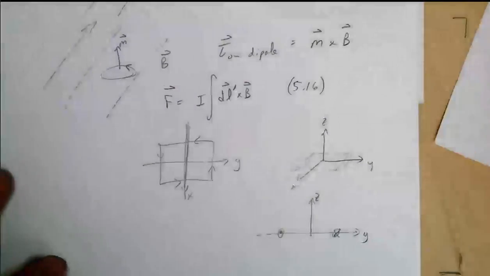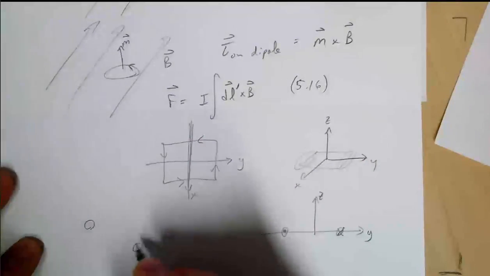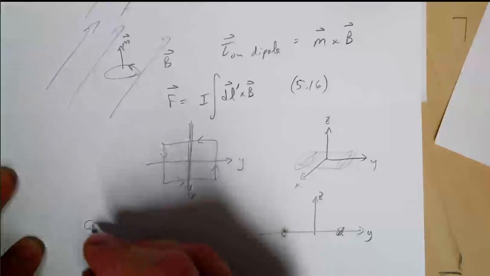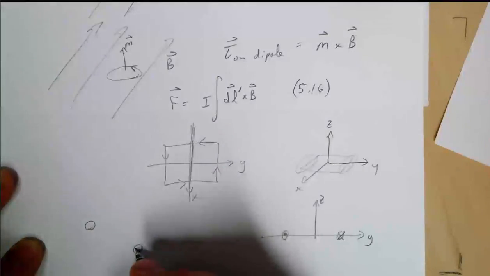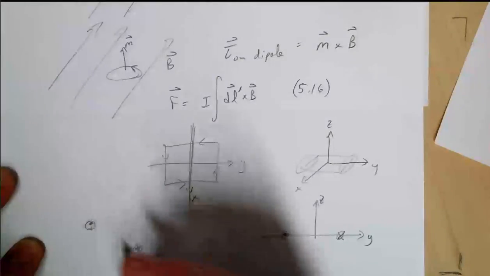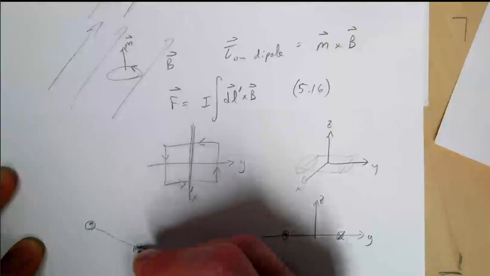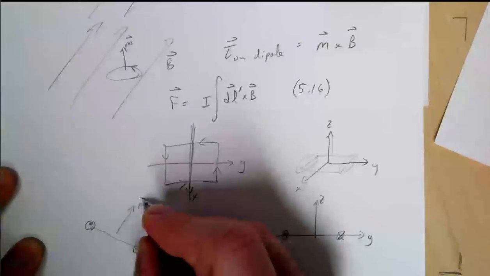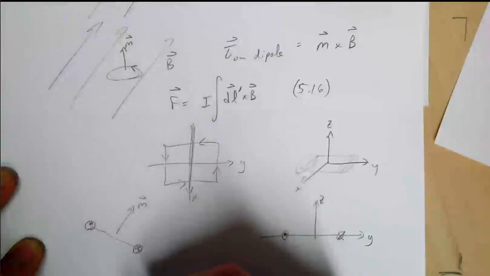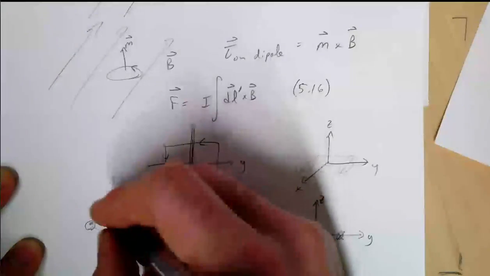So in other words, if I had two lines of current here, a current going into the page here and a current coming out of the page here, and this is my square loop viewed from the side, then it has a magnetic dipole M, and let's say I had a B field pointed straight up.